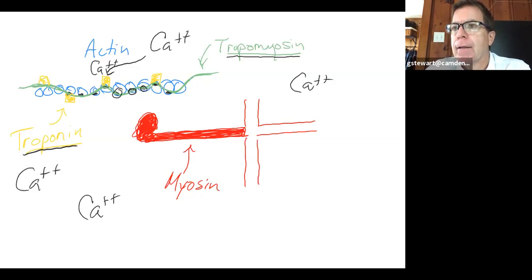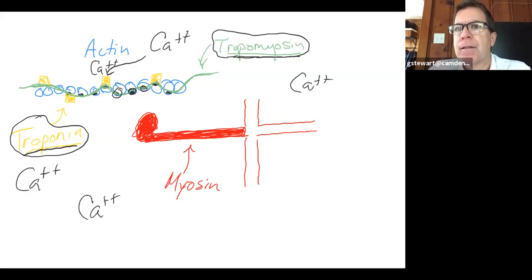So I'll say that again. Calcium binds to troponin, lifting tropomyosin off of actin, exposing actin's binding sites. Now myosin can reach up, grab the actin molecule, and if this myosin head is energized by an ATP molecule, the myosin head can pull actin toward the M line this way.